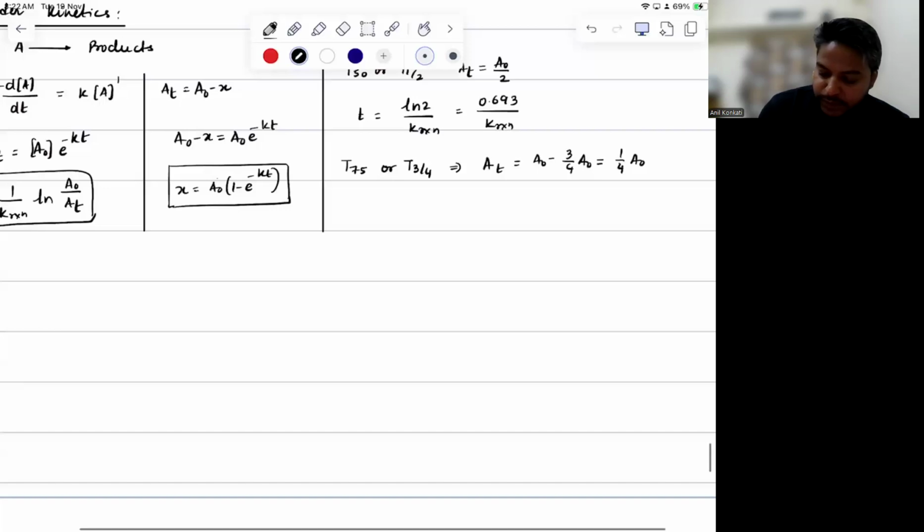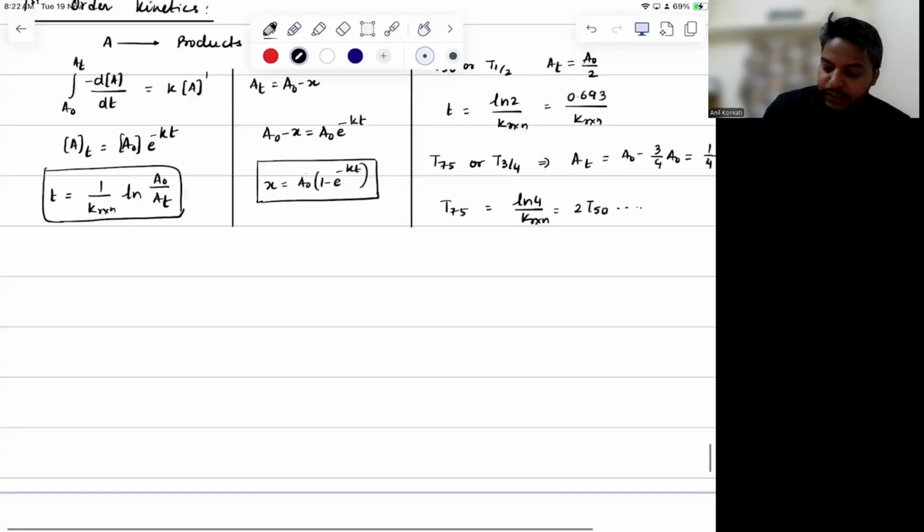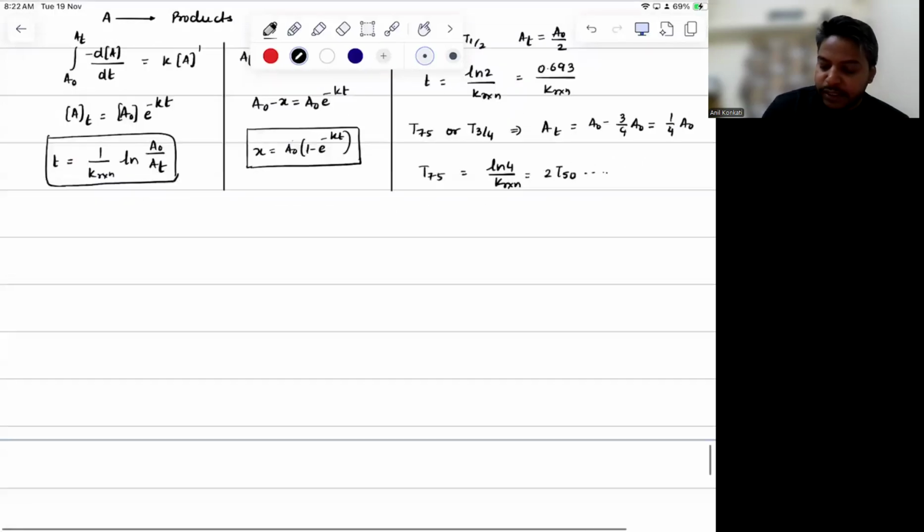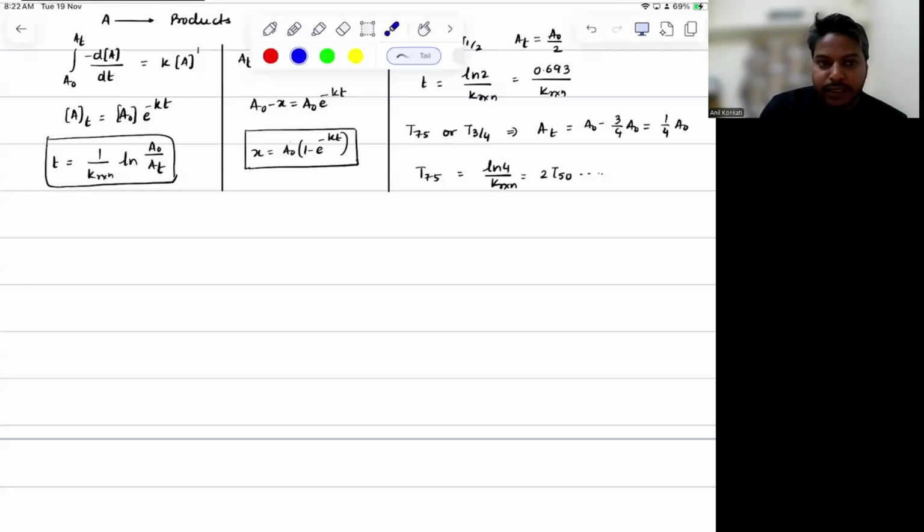So in that case, T75 will be equal to ln 4 by k of the reaction or 2 times of T50. So which gives you an idea that every time you go 50% of all of that, you would notice that you will have integral value of T50.